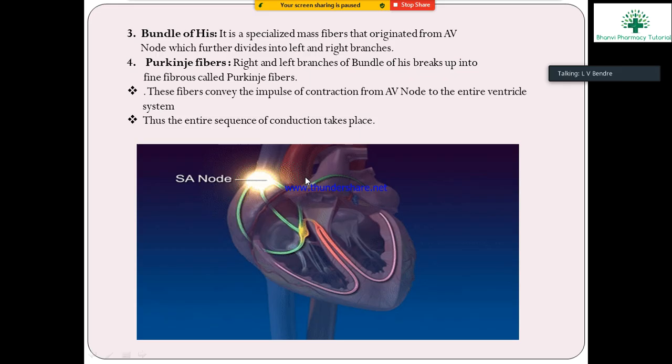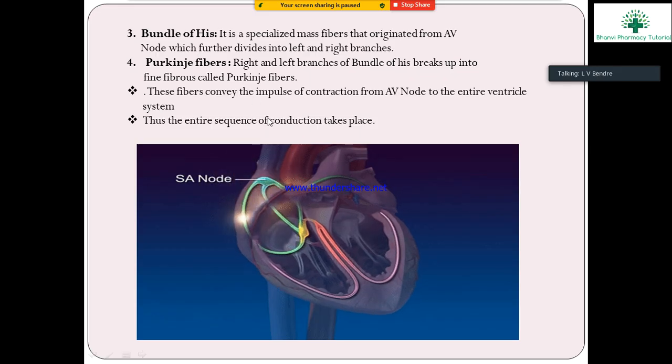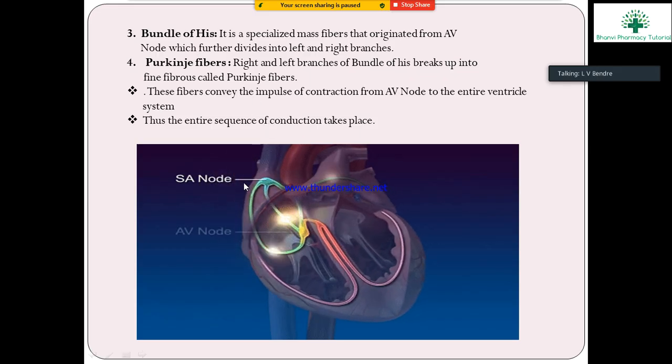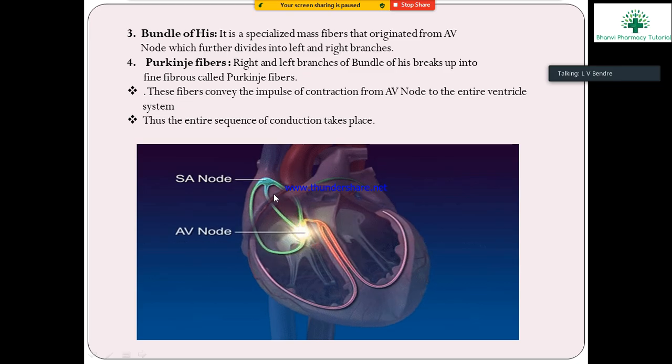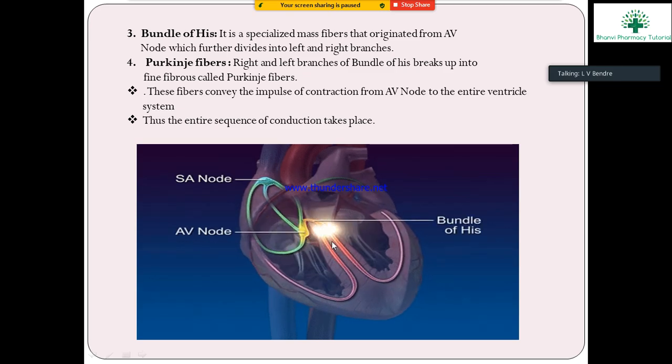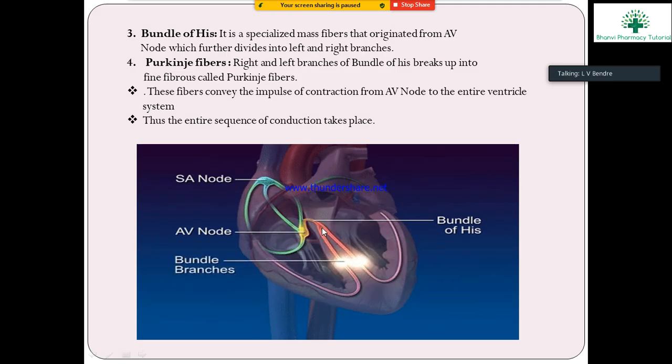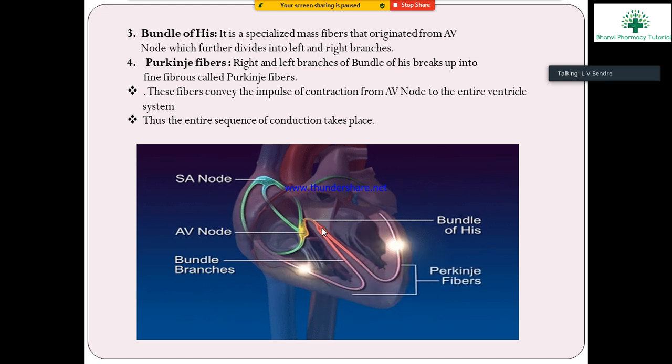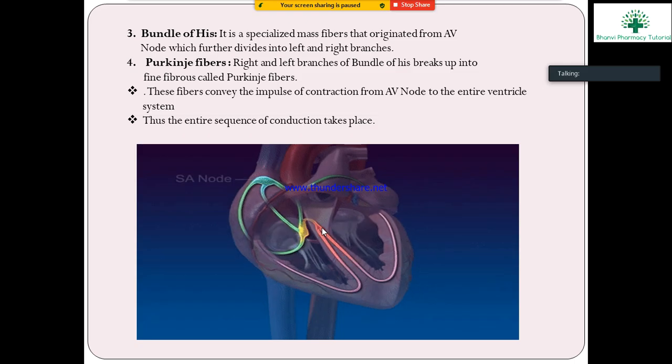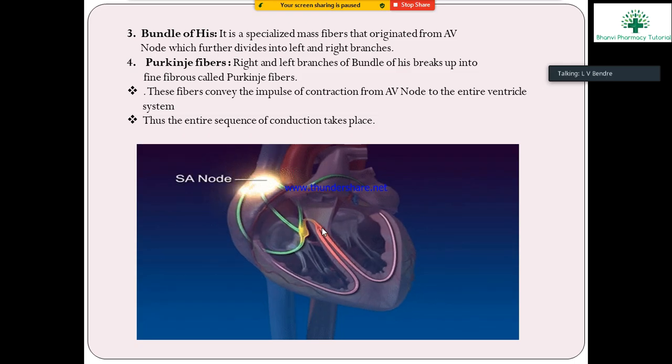The impulse generated at the SA node is transmitted to the AV node, and after the AV node the bundle of His breaks into two branches.